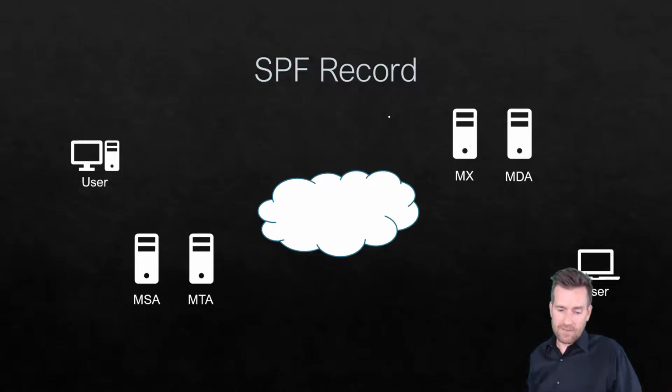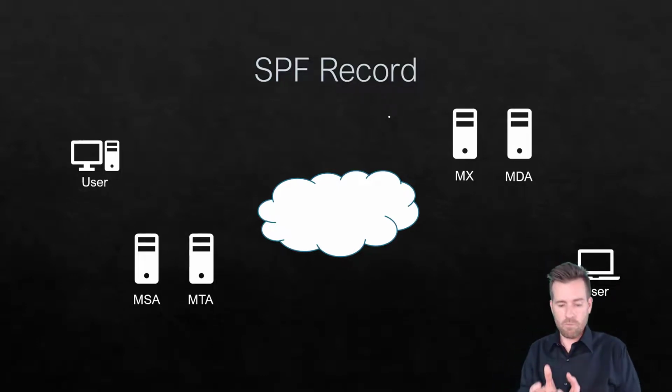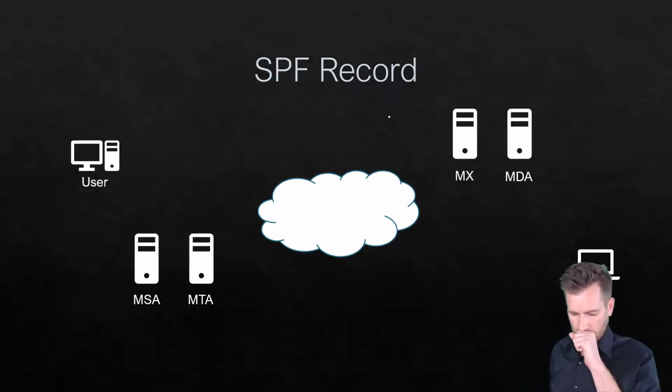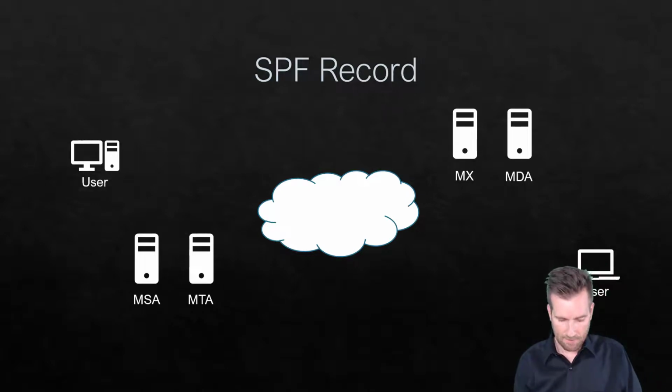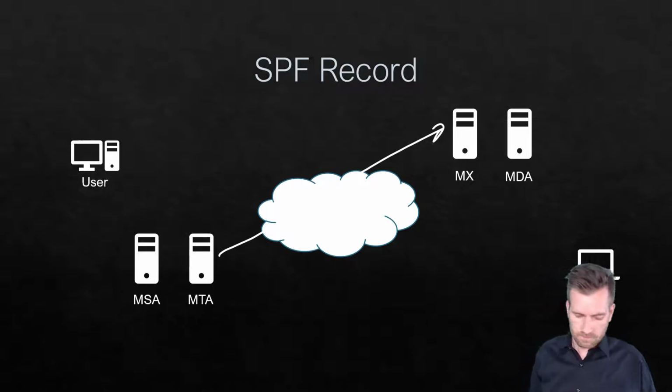And then we have the SPF record. The SPF record is to make sure that whatever mail transfer agent is sending the mail is supposed to be sending that mail. Let me give an example. Let's say this mail transfer agent is sending to the mailbox exchanger, and it's sending mail that's something at example.com.